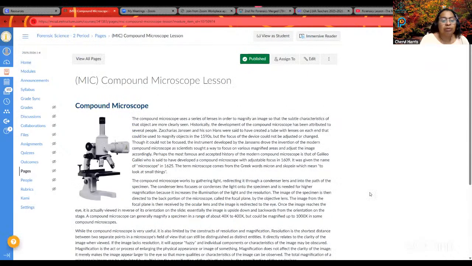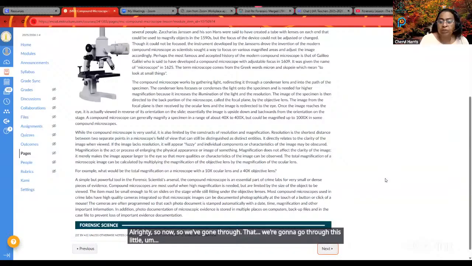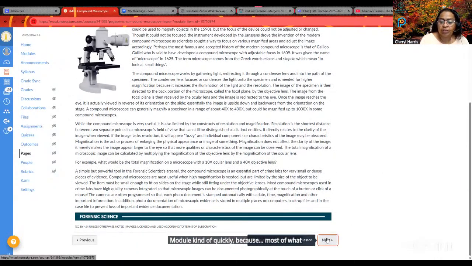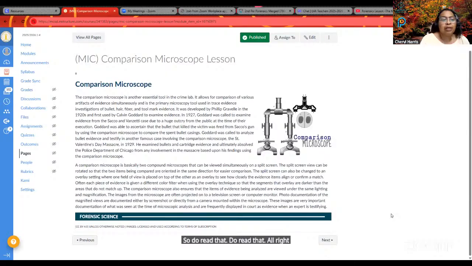All righty, so we've gone through that. So we're going to go through this little module kind of quickly because most of what is here, let's go. So do read that. Do read that. All right, I tell you what, take the next few minutes to read.